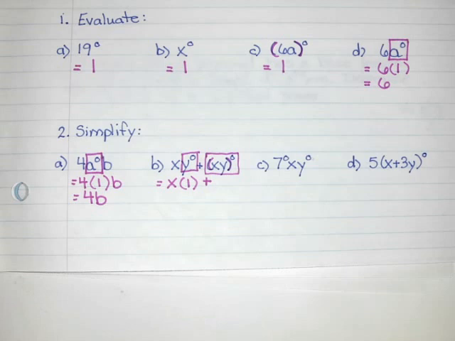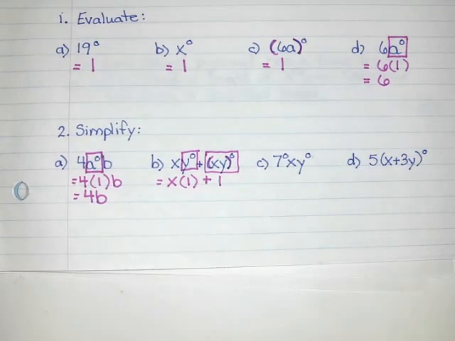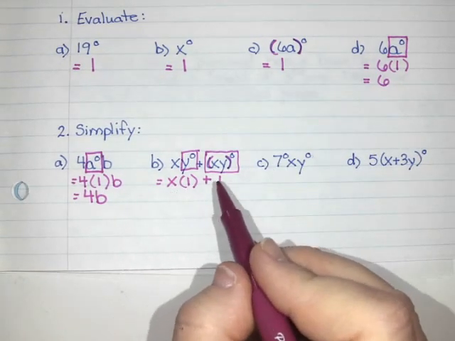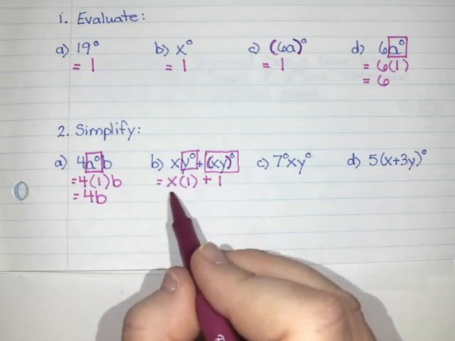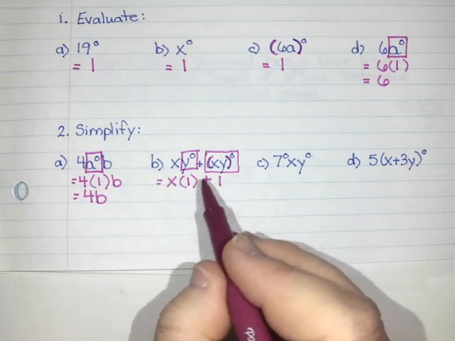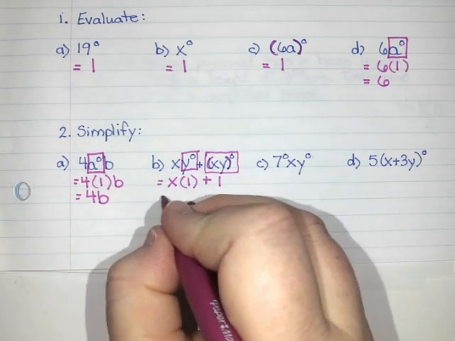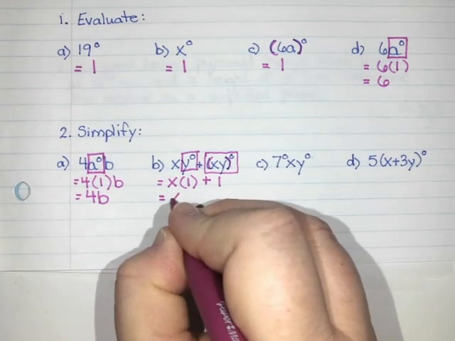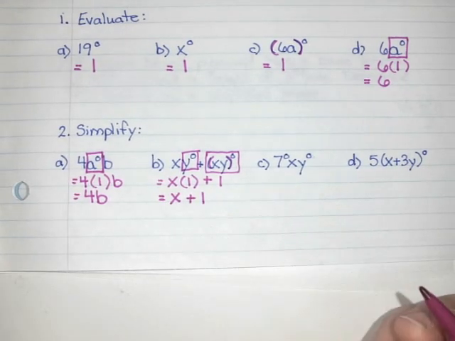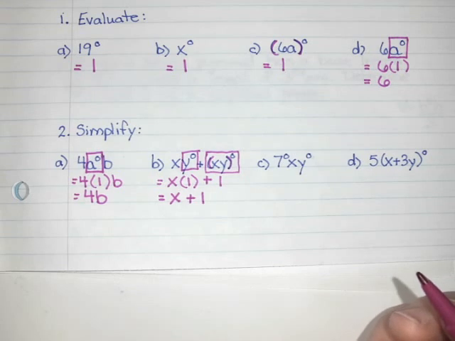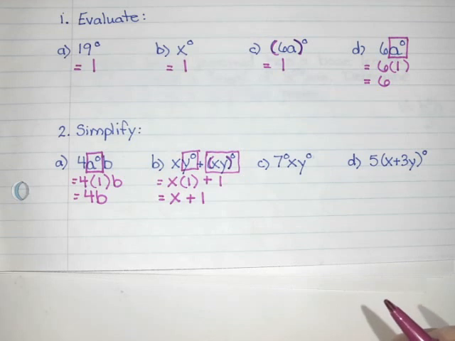So that whole thing just becomes a 1. So I have x times 1 plus 1. Now I can't add 1 and 1 because we're multiplying and you have to follow your BEDMAS rules always. So 1 times x is just 1x, or x, and then plus 1. x and 1 are not like terms, so I cannot add them together. So it's just x plus 1, or if you want to write the 1 in, 1x plus 1.